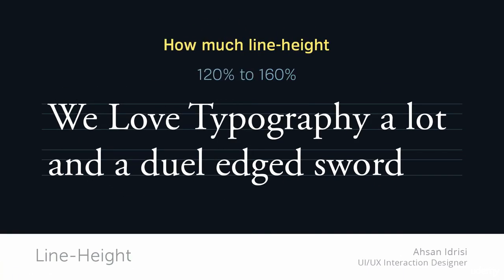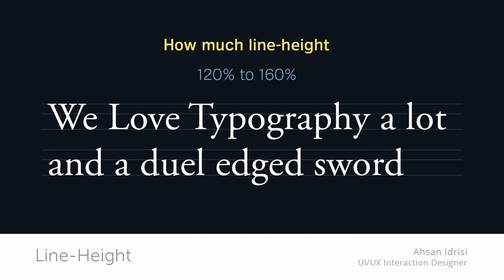Now, how much line height should we have? For body text it varies from 120% to 160%. Body text is basically the paragraphs and text where we have a lot of text. We need to read it. For headings, you should not set it more than 120%.